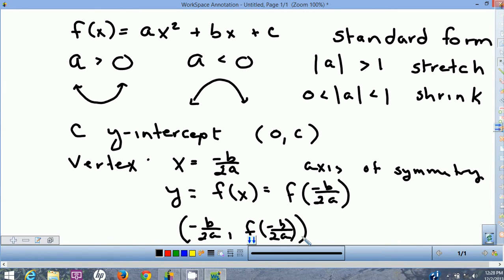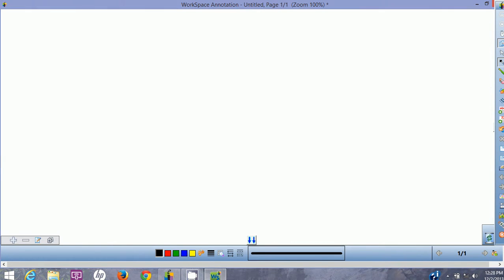All right, so let's clear our screen here and put in an actual example of this. Let's set this up, and we will actually look at a quadratic, what it graphs, and how we find all of the information that we need.